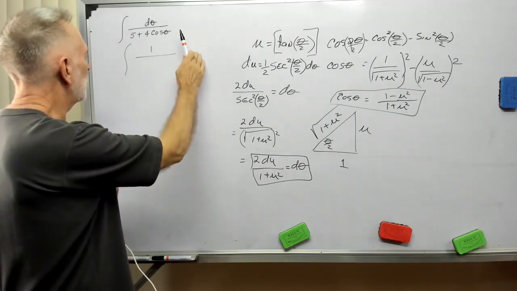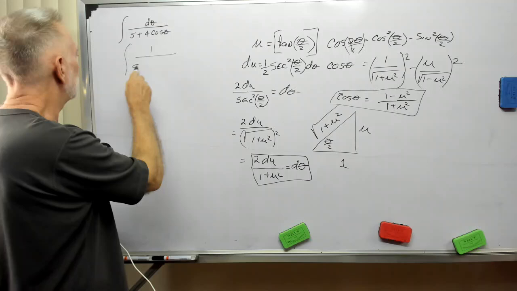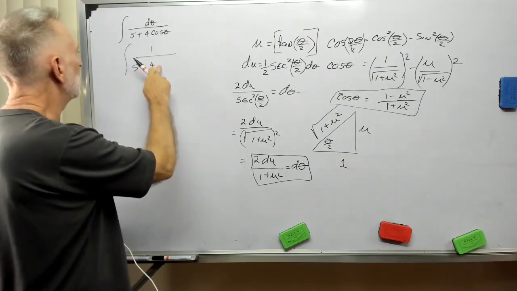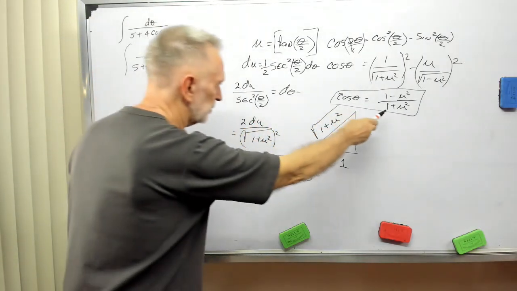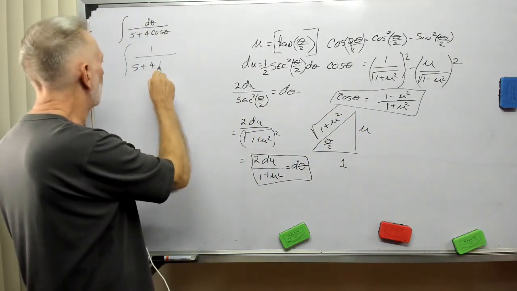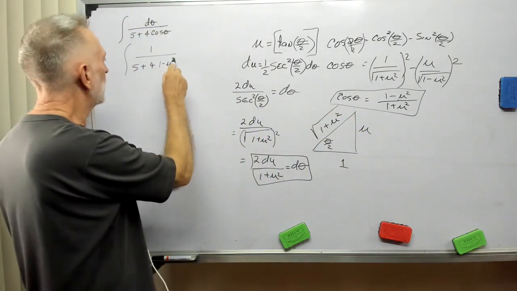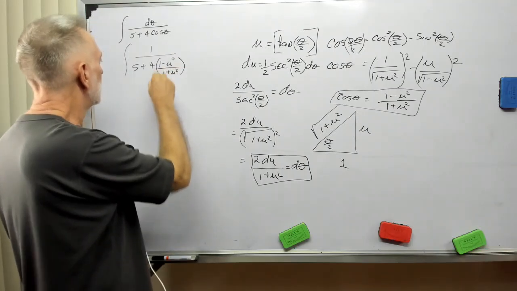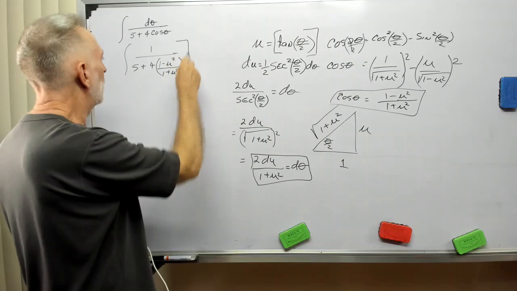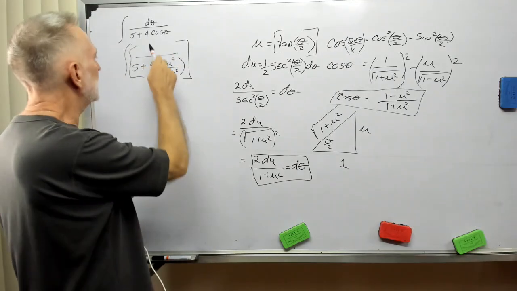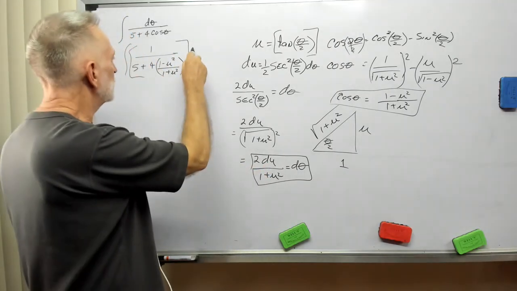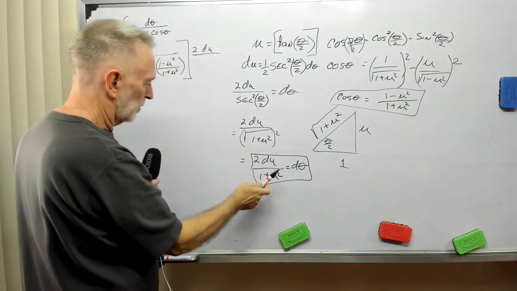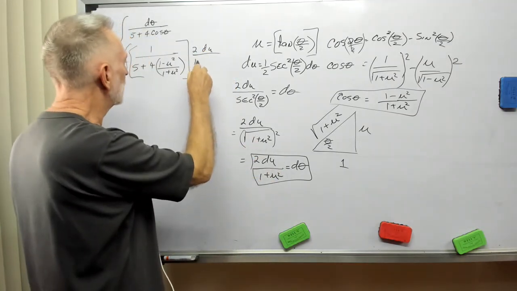I'll put d theta out here. 5 plus 4 cosine theta, which is 1 minus u squared over 1 plus u squared. And all of that times d theta, which is 2 du over 1 plus u squared.